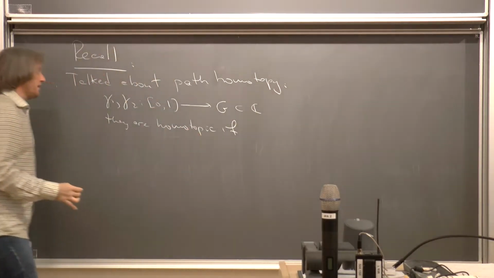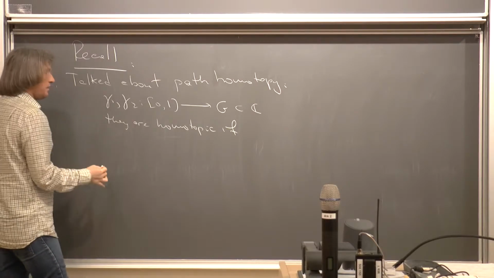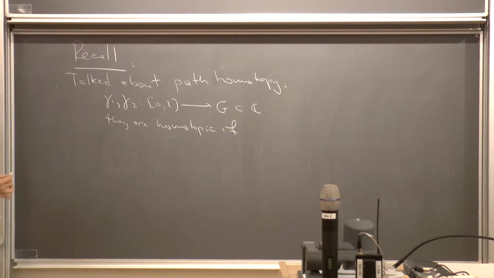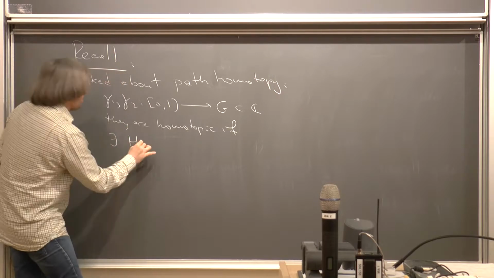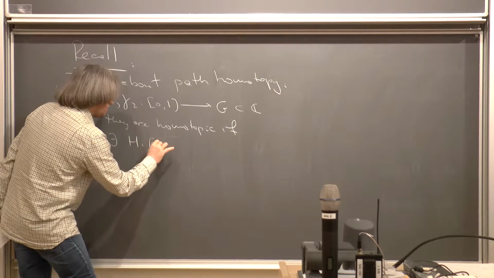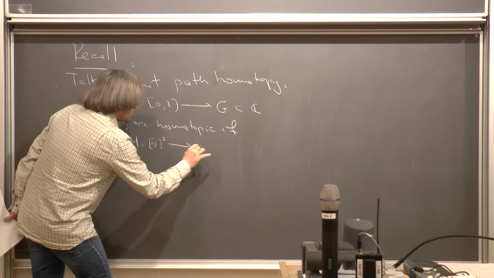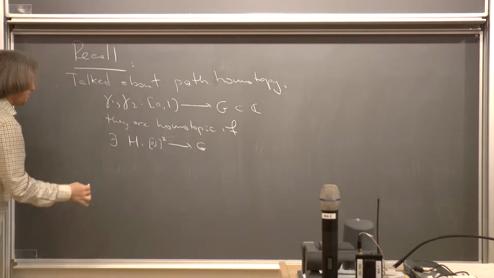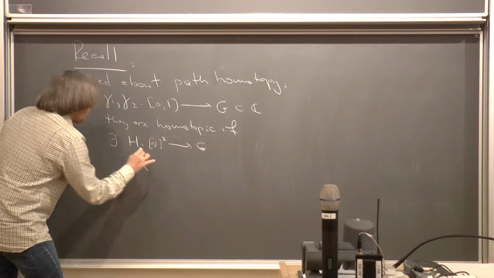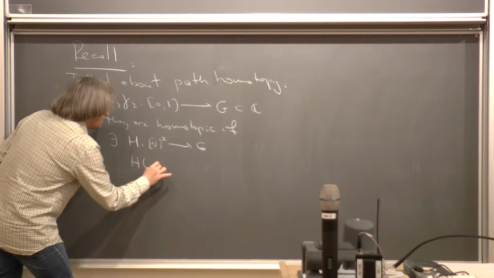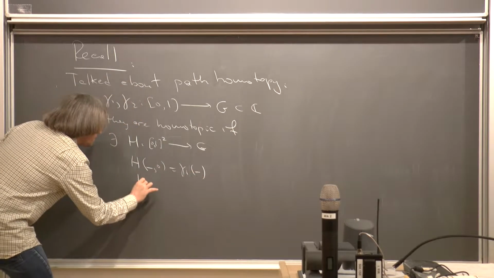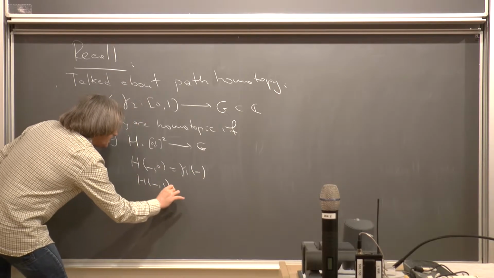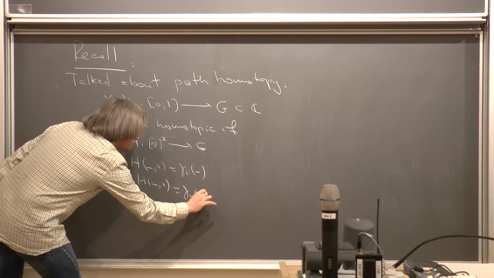If, well, I'll write maybe shorter than the lecture and shorter than the notes I sent you as a scan. So if there exists a continuous map H from the unit square to G with the property that H of anything, 0 is gamma 1 of this thing, H of anything, 1 is gamma 2 of this thing.